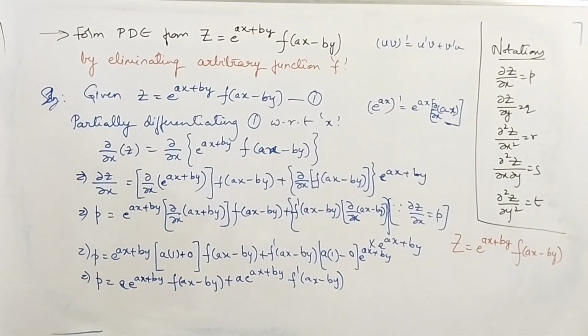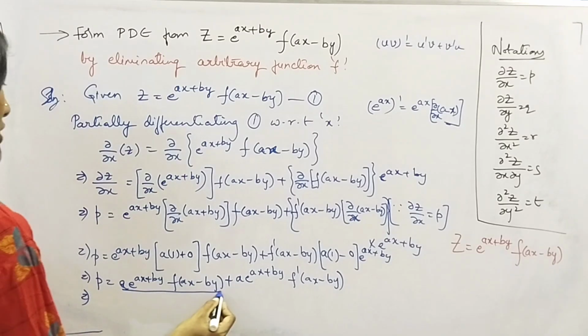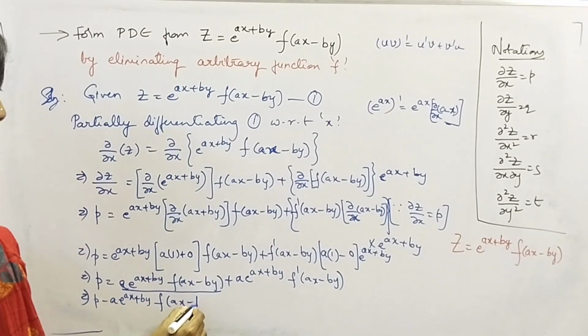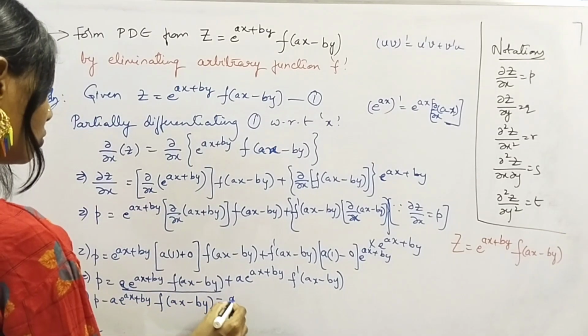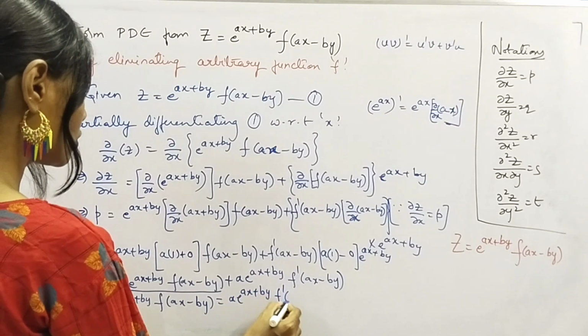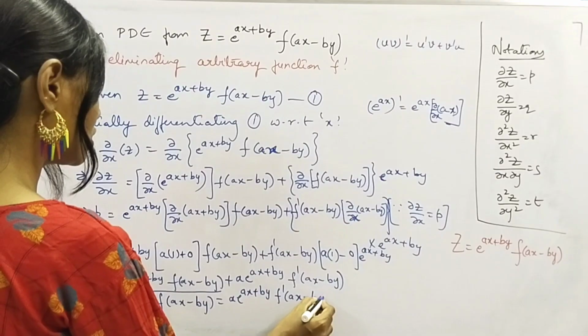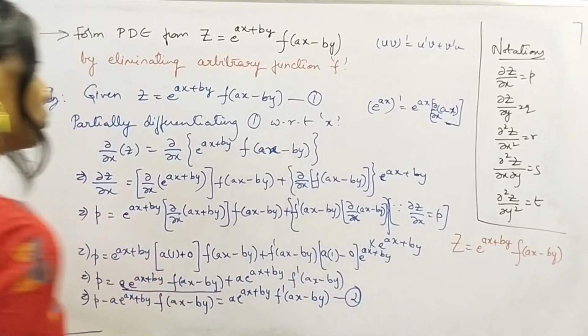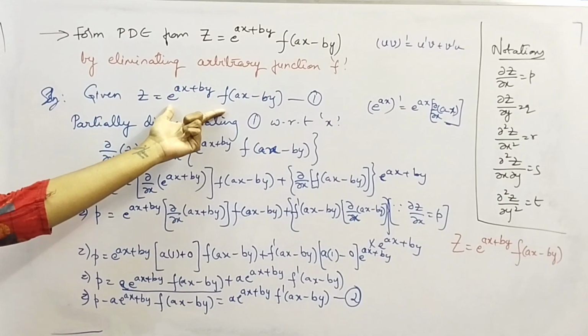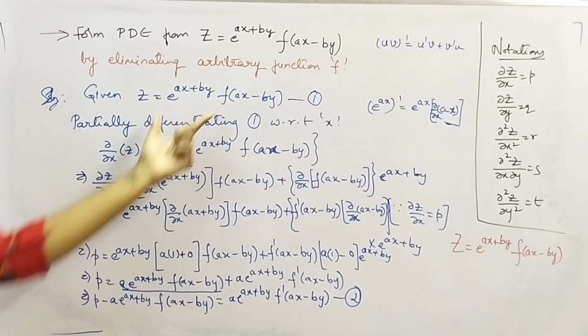Okay, you can consider it as equation number 2, or we'll just bring this term to LHS and this becomes p minus a into e power ax plus by into f of ax minus by equal to a e power ax plus by into f dash of ax minus by. Consider as equation number 2. See, if you notice, you have z equal to e power ax plus by into f of ax minus by, right?